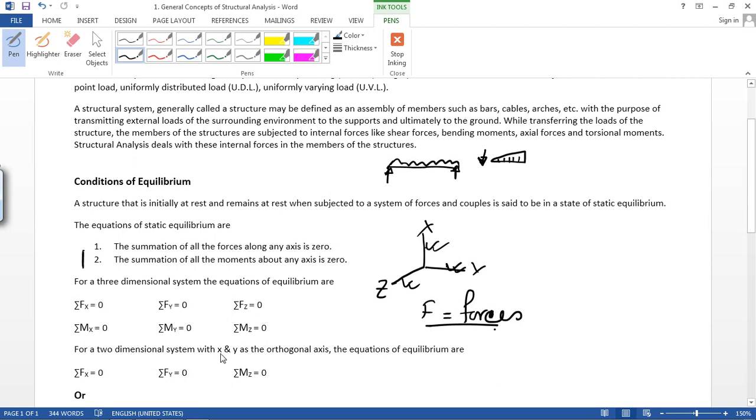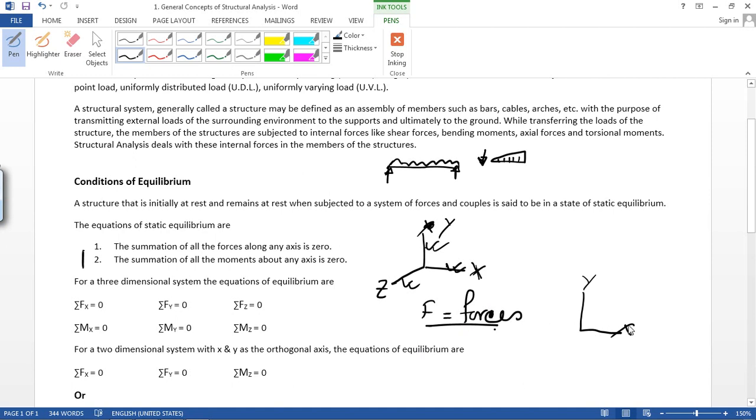For a two-dimensional system with x and y as the orthogonal axis, the equation of equilibrium will be, it is x and y.